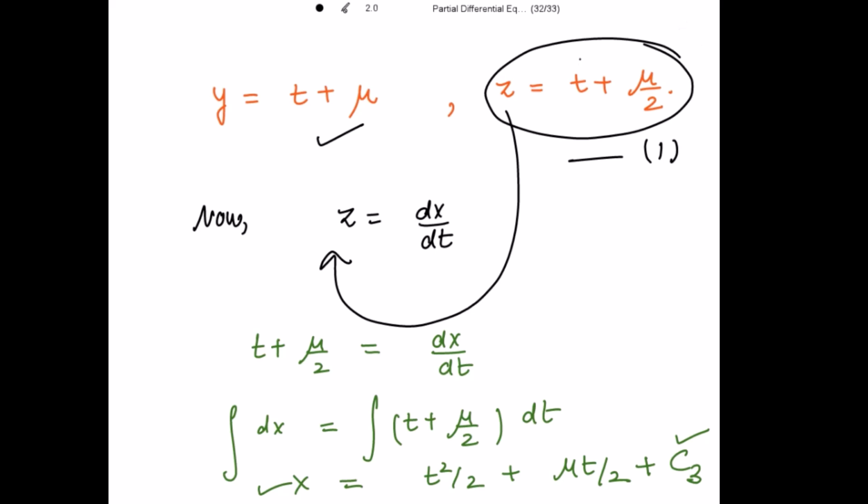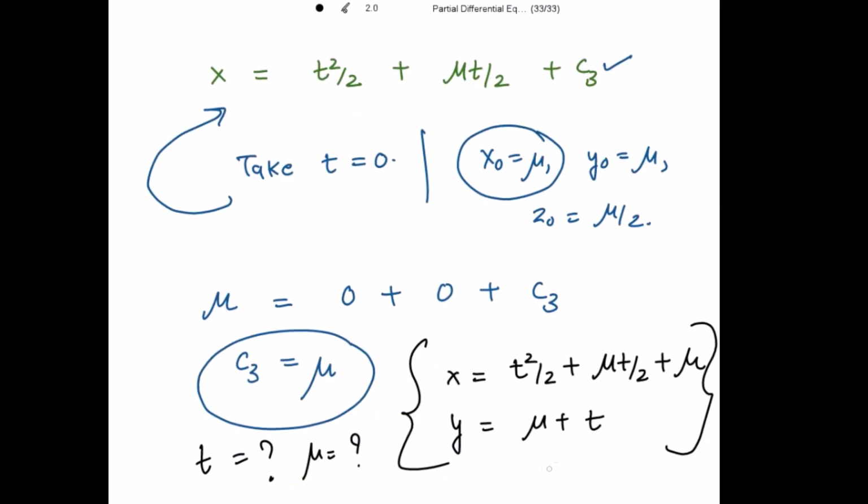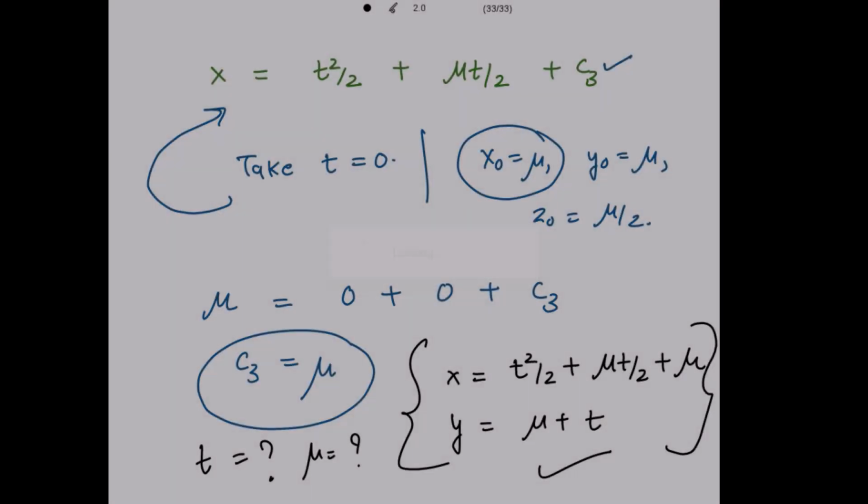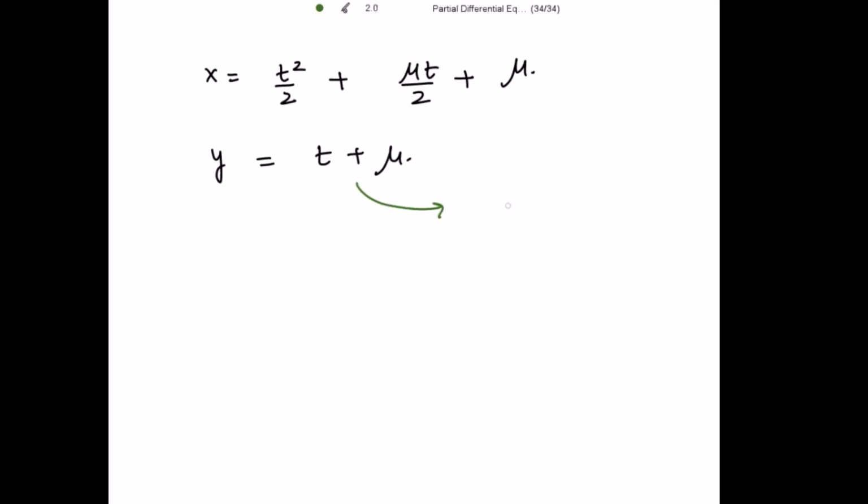So we can put the value of t and mu over here in terms of x and y so that we can get our z. So solving these two equations to get the value of mu and t, I'm writing these equations again. From here we get t to be equal to y minus mu. And let's put this value of t over here to get the value of mu.